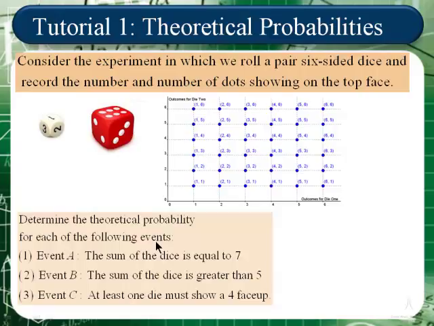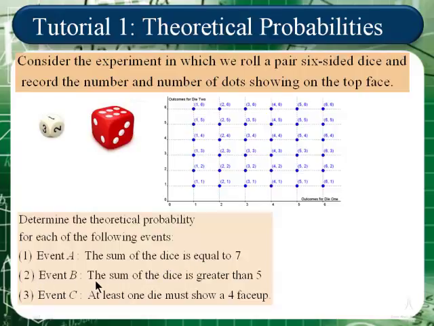Remember, there will be 2 to the power 36 events. We are just looking at 3 of these events. The event A is the event such that the sum of the dice is equal to 7.